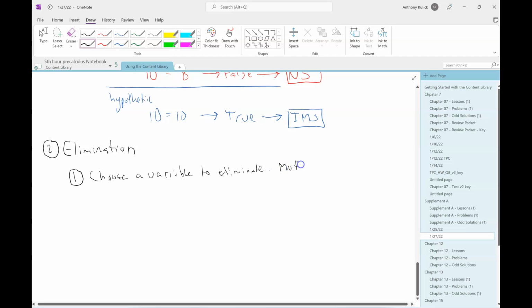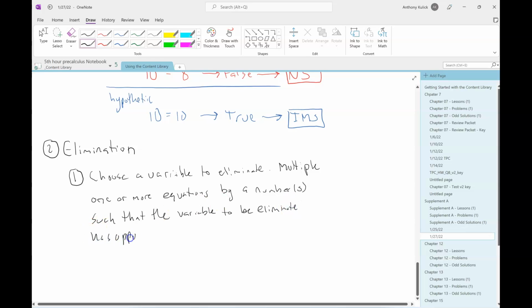And then we multiply one or more equations by a number or numbers such that the variable to be eliminated has opposite signs in two equations.